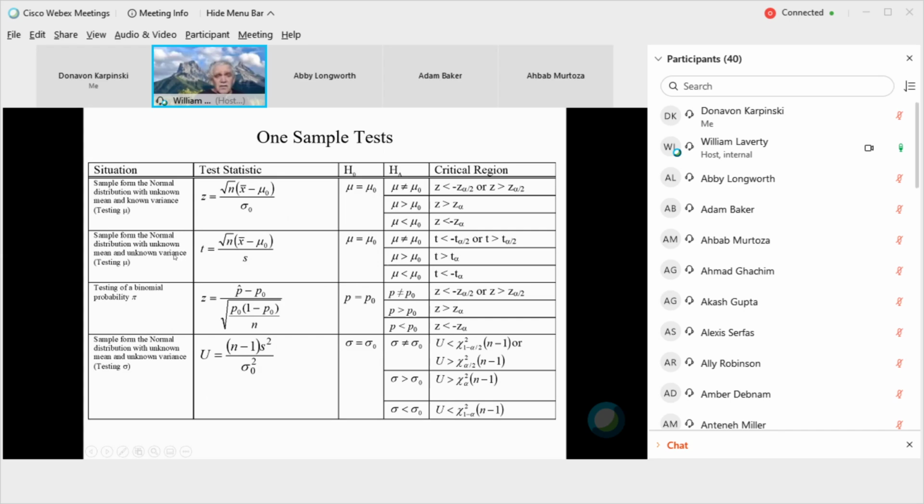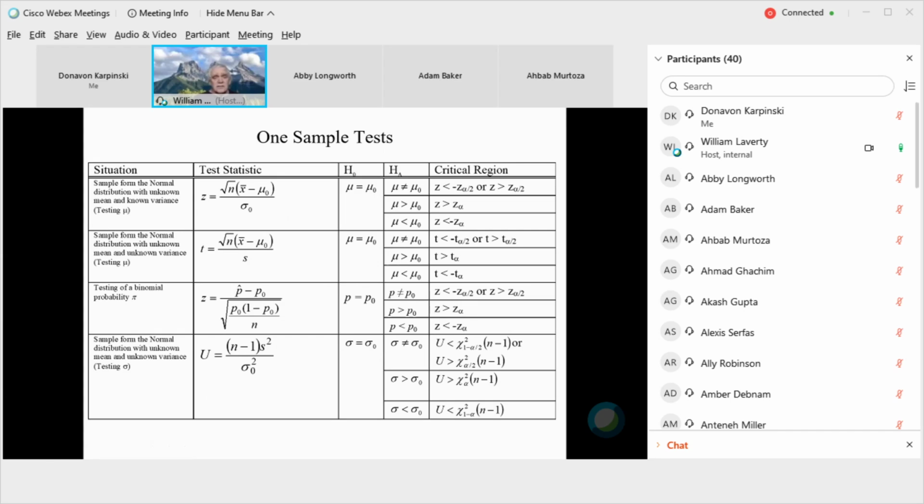Now, if sigma naught is not known but estimated by S, the sample standard deviation, then the Z test turns into the T test. The critical region is underneath the T distribution. The degrees of freedom is n-1. Here's the test for testing the proportion.